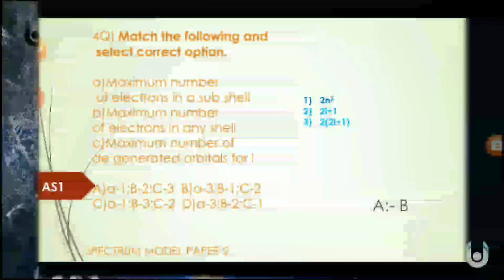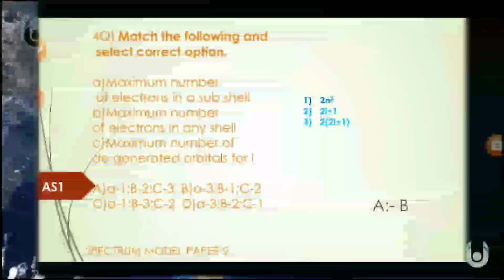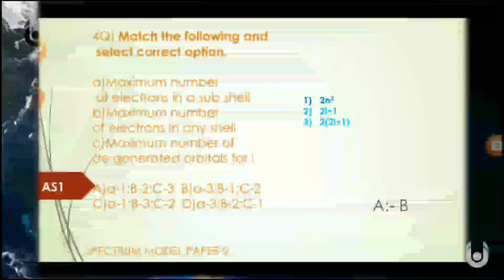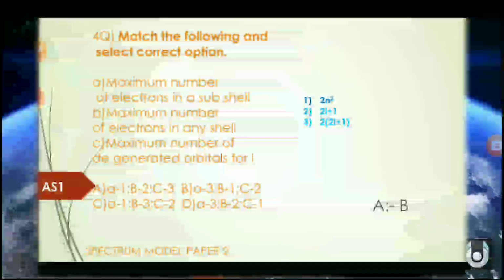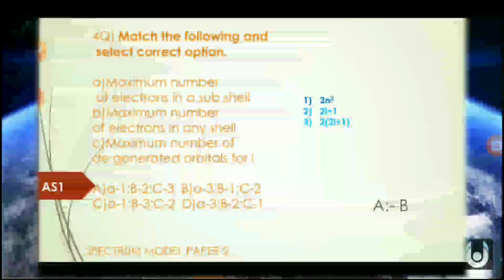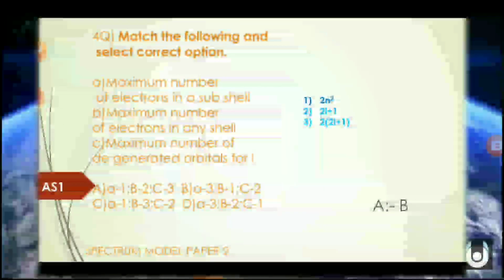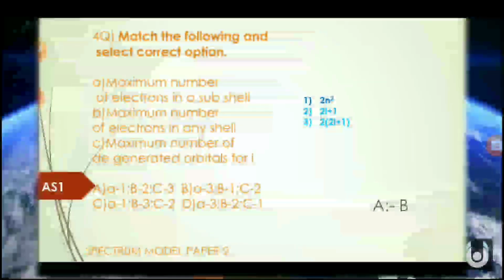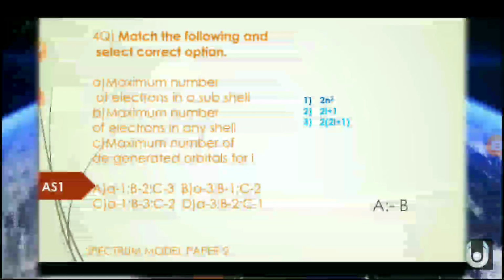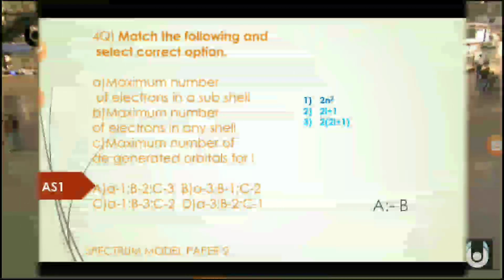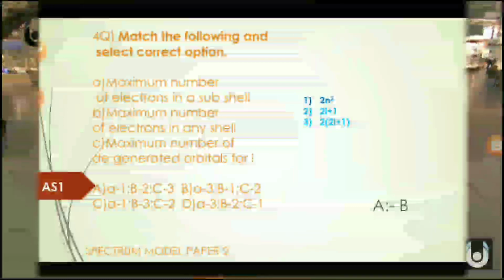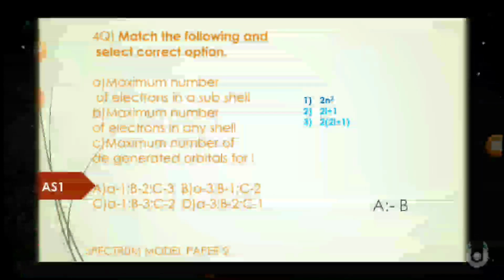Options: A. A1 B2 C3. B. A3 B1 C2. C. A1 B3 C2. D. A3 B2 C1. The answer is B, A3 B1 C2. Maximum number of electrons in a subshell is 2 into (2l plus 1). Maximum number of electrons in an orbit is 2n square. Maximum number of degenerate orbitals for l is 2l plus 1.